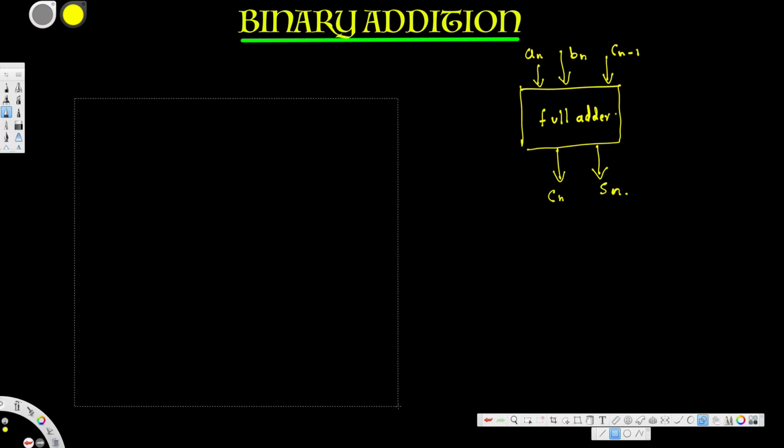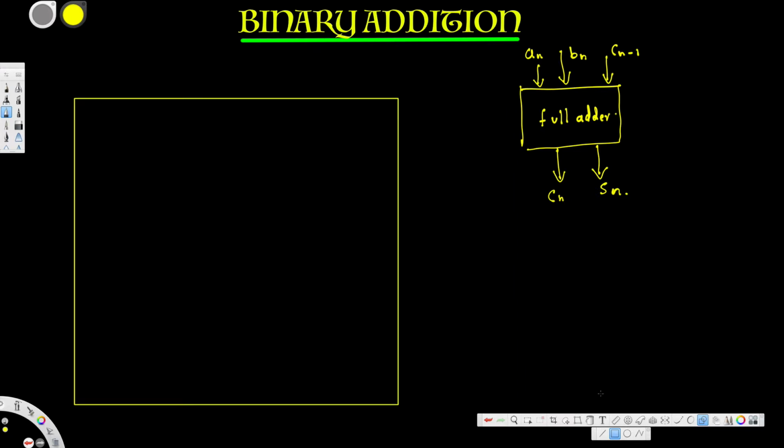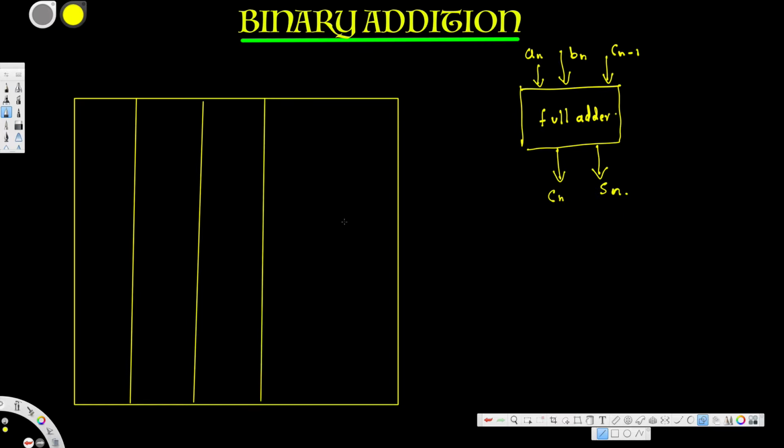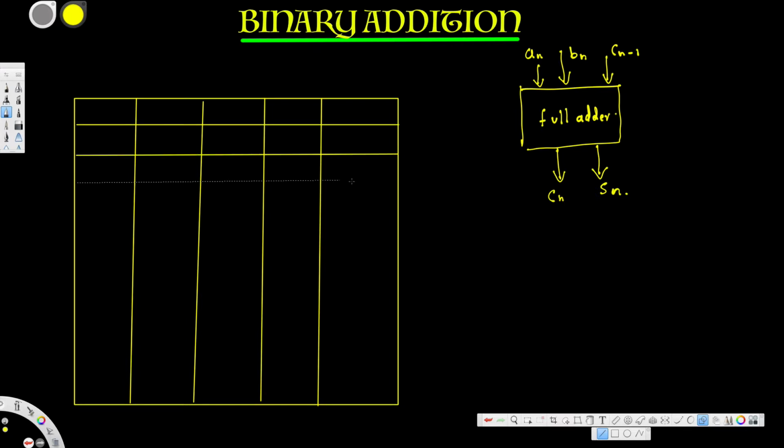So here we have the table. We need 5 columns: 1, 2, 3, 4, 5. Okay, let's complete this one.